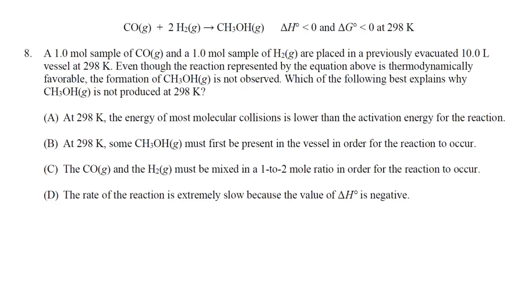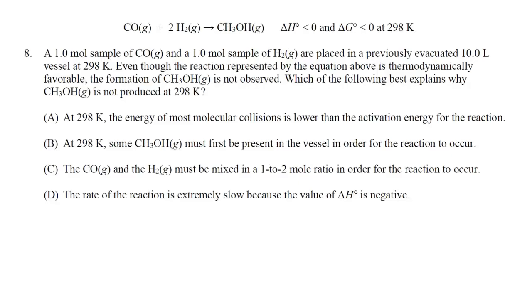We are also given information about the sign of delta H and delta G. We are told that delta H is negative, so less than 0, and that delta G is negative, less than 0, at 298 Kelvin. And so the question says a 1.0 mole sample of carbon monoxide gas and a 1.0 mole sample of hydrogen gas are placed in a previously evacuated 10-liter vessel at 298 Kelvin.